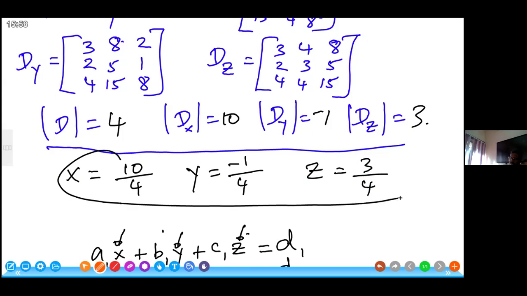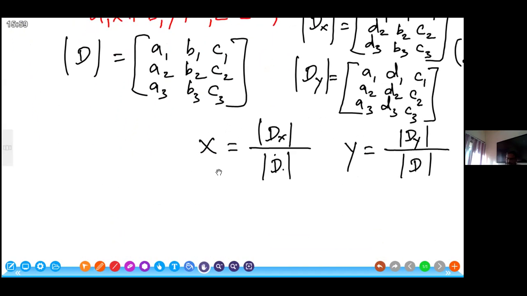So these are the answers. If you want to cross-check, you can substitute into one particular equation and see whether it satisfies the condition. So that is the use of determinants. Any questions?